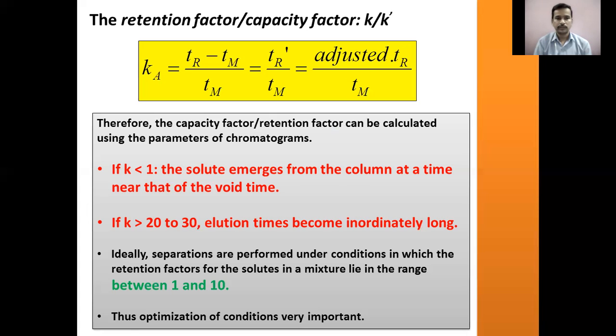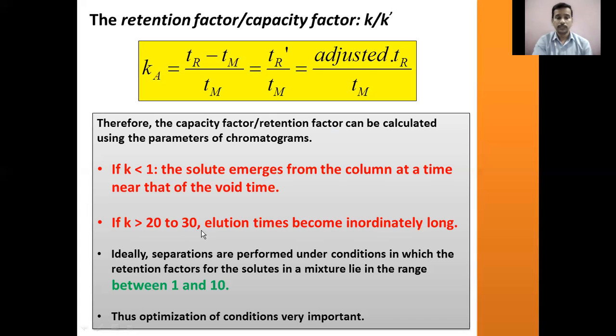Sometimes some solutes will show irreversible interaction with the stationary phase, and we may have to do something in order to overcome that irreversible interaction and get the solute eluted. Therefore, if the retention time is longer, then definitely the capacity factor value will be in the range from 20 to 30.